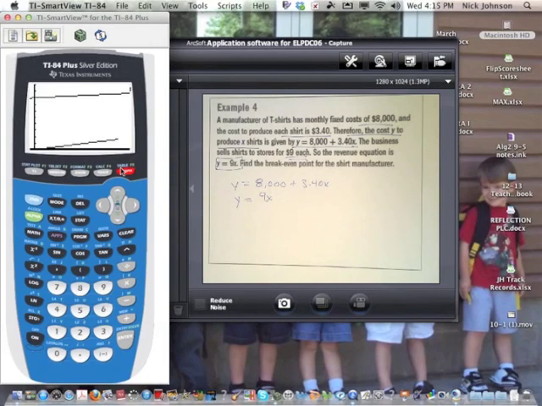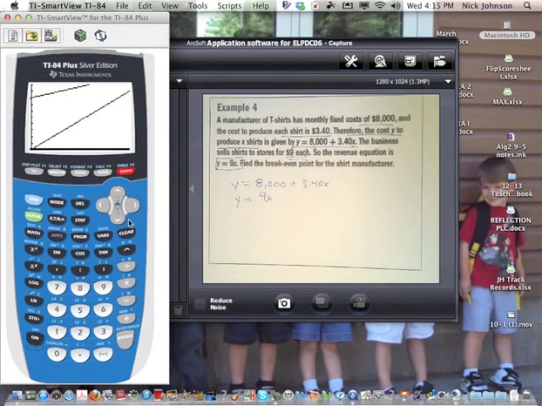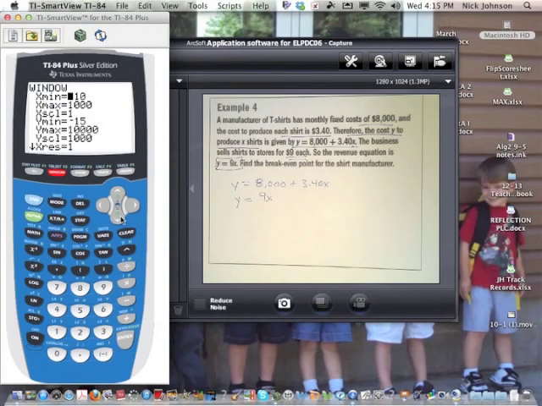So there's one equation. There's two equations. Looks like I got to go out plenty further on my x-axis. So let's go out to 1,000. Still got to go out further. Might even have to go up a little bit. I'm going to go out to 5,000.